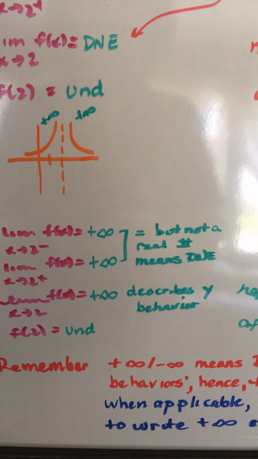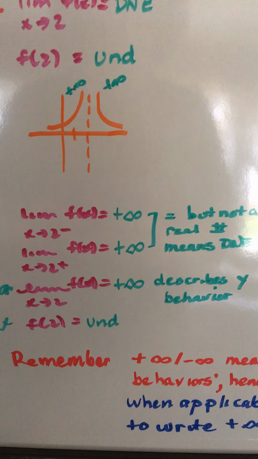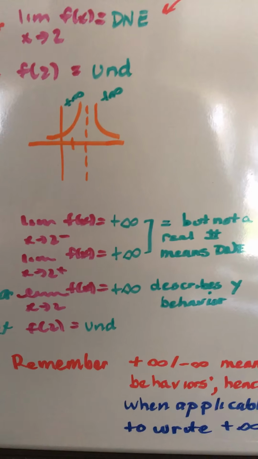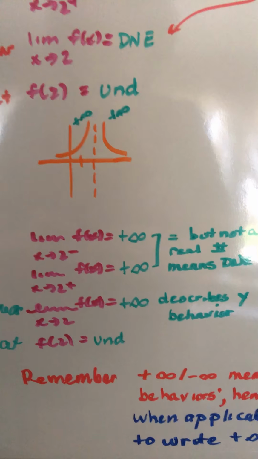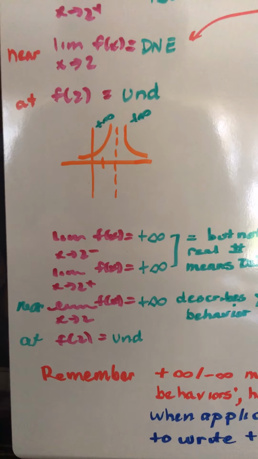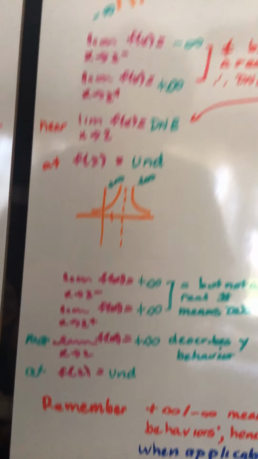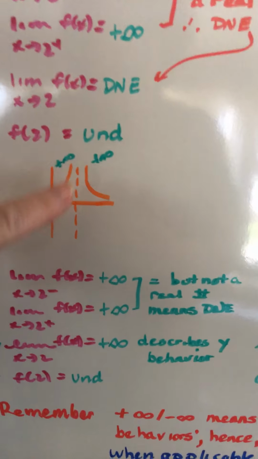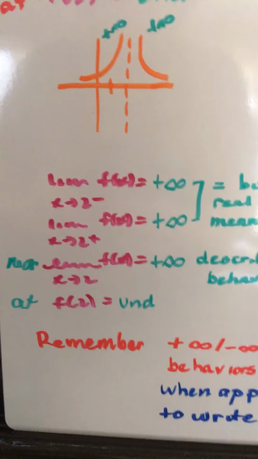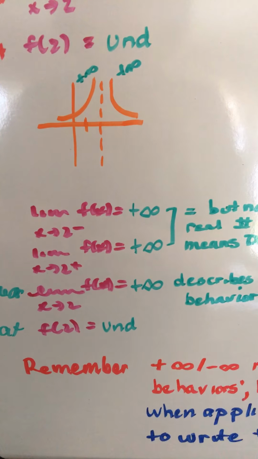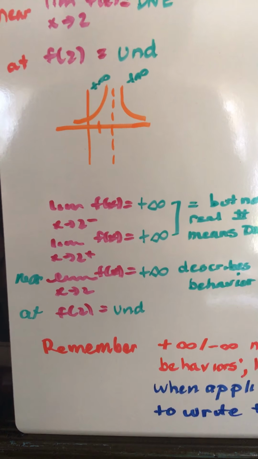But if you have a multiple choice answer and they ask you, what is the limit? And positive infinity is there, you're going to pick it over does not exist because that's what mathematicians have chosen to do. When you're approaching both sides positive infinity, we will say that the limit is positive infinity. We will describe the y behavior. There is no ordered pair, so it's undefined.